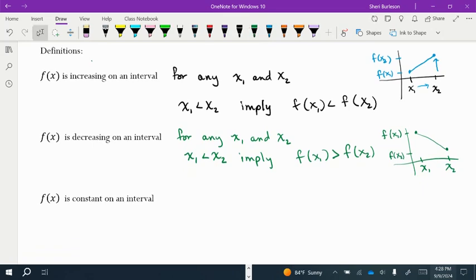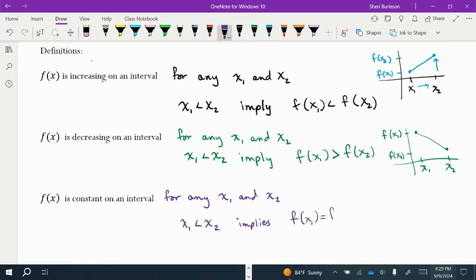And then a function is constant on an interval, again, for any x sub 1 and x sub 2, if x sub 1 less than x sub 2 implies that f of x sub 1 equals f of x sub 2.